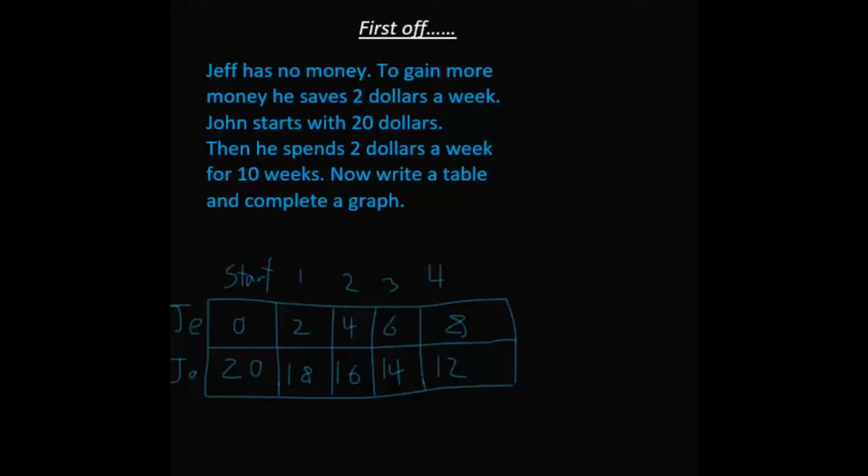First we need to find our ordered pairs. So let's write down our ordered pairs. 0, 20. Then we have 2, 18.